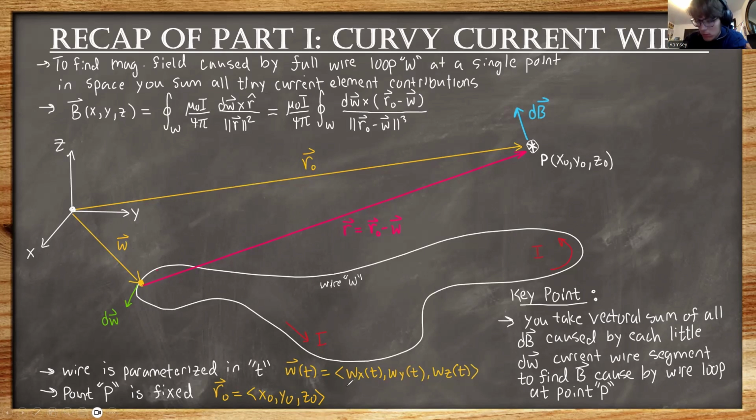So you can think of the W vector as sweeping out the entire wire loop with the tip of its vector. And it has subfunctions like, what's the X component of the wire in parameter T? What's the Y position? What's the Z position? But the point P that we're interested in is fixed. It's a fixed point that we've picked.